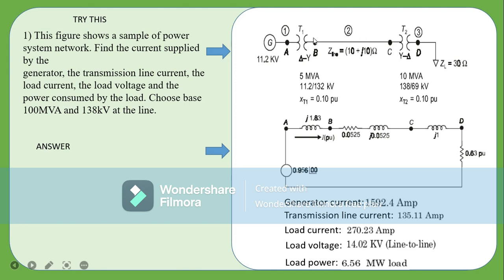So you transform the 138 to get what the value is going to be here, and you transform the 138 also to get what the value is going to be here. So what it means is that the transmission line voltage was actually taken as the base voltage, which is 138. We take the voltage here, 138, as our base voltage. Very important. So let's not forget that and try to solve this problem.